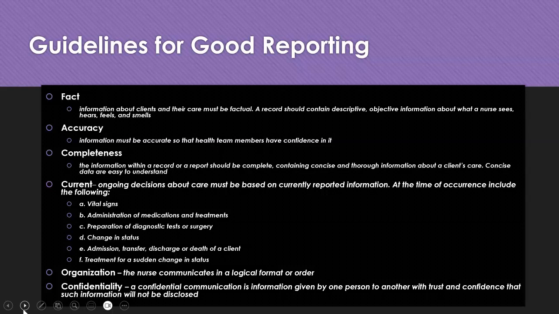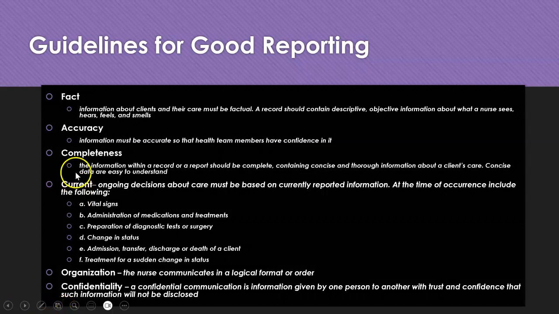You won't say, oh, this patient was grumpy. You may say the patient was grimacing, or the patient said this or that. You don't give your opinion of the patient. It needs to be accurate so that the health team members have confidence in it.